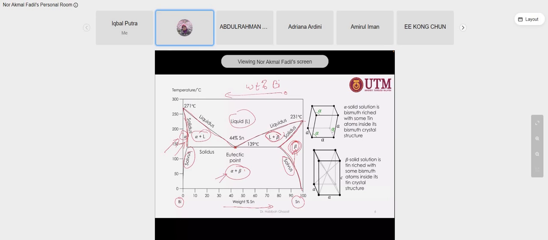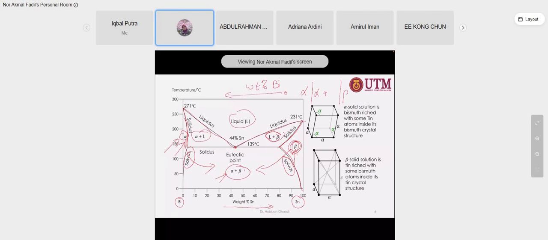In this region is contained alpha plus beta. How do we get alpha plus beta? It is alpha coming from the left region and beta coming from the right region. So in the binary system, we label the phases alternately. From alpha, next is alpha plus the next phase.